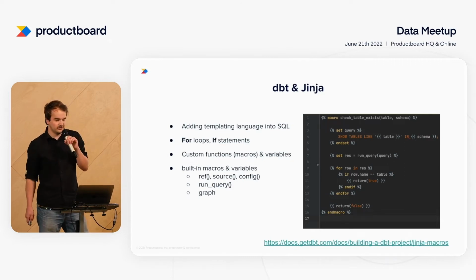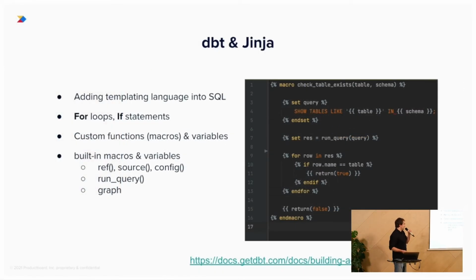We can say it in this way. And you can define your own functions or macros. You can define your own variables, use them for and statements, return some values from the functions. And also, dbt has some built-in macros and variables.